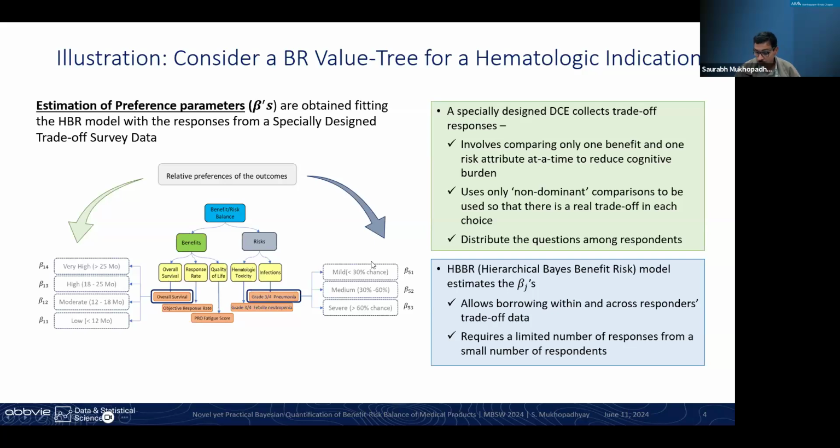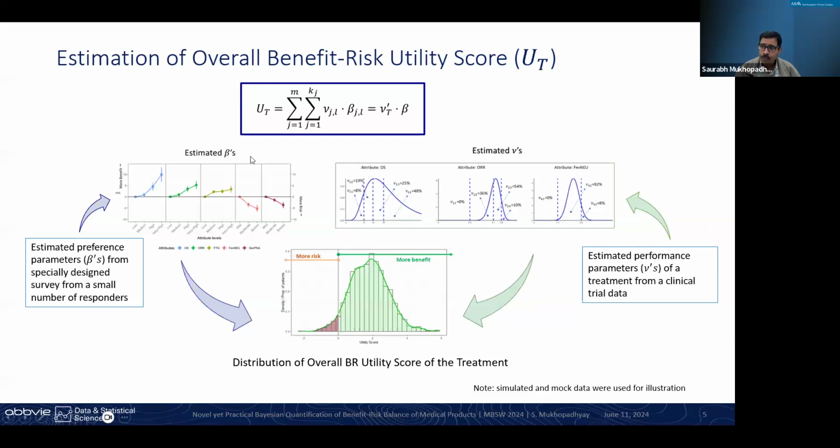parameters on those attributes. Here is an example where only 30-odd responders responded, and we estimated the preference parameters for each of the 5 attributes. Naturally, we see positive values for the benefit attributes, and the risk attributes get negative values based on the model settings.